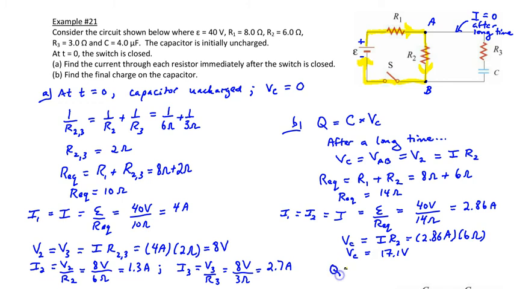And so now the charge on these two plates here will be the capacitance of 4 microfarads times 17.1 volts. This will give you about 68.6 microcoulombs of positive charge on one plate and then negative 68.6 microcoulombs on the bottom plate. And that's it for this example.